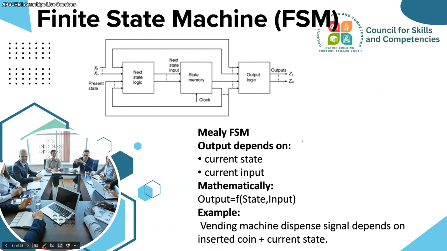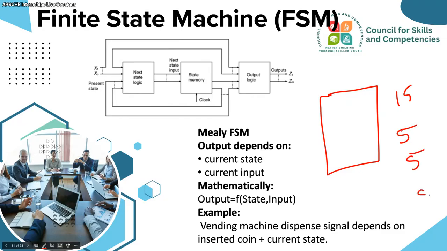For example, a vending machine. Say you want to pay 15 rupees, but you have only 5 rupee coins, three 5 rupee coins. Please try to understand. Now, to get the item back, first you insert a 5 rupee coin.